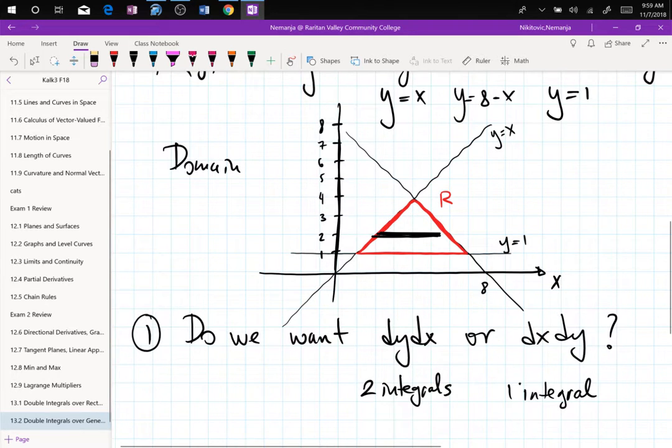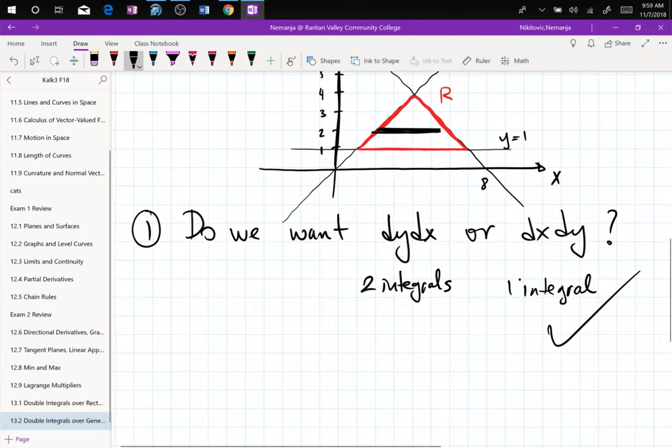So now you're considering, all right, do I want to do 2 double integrals or 1 double integral? Well, presuming that you are normal, you would want to do 1 integral, right? So I pick this one.